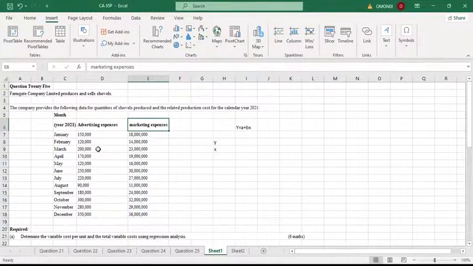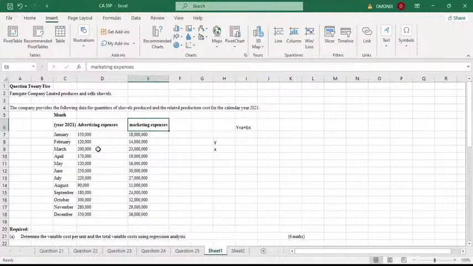So already the examiner is telling us that these marketing expenses depends on advertising expenses. So my advertising expenses will be now the value of X.